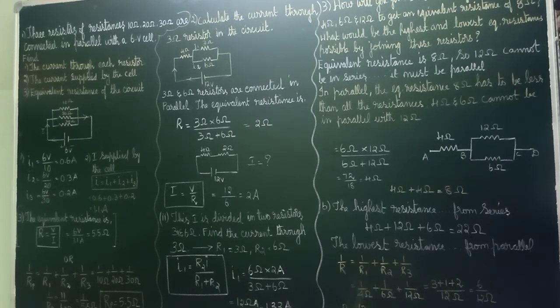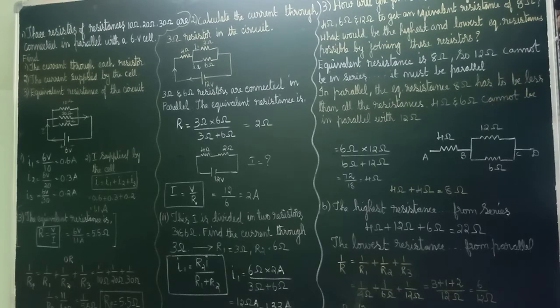What would be the highest and lowest equivalent resistances possible by joining these resistors? Our challenge now is to find out how these 3 resistors should be used at the same time. Highest and lowest equivalent resistances we should find.